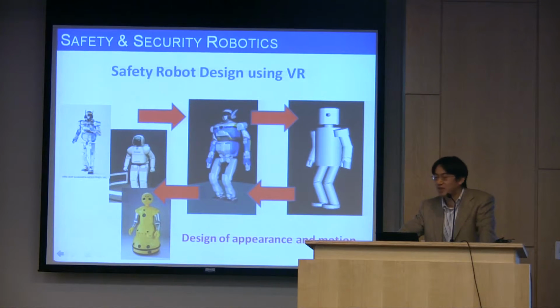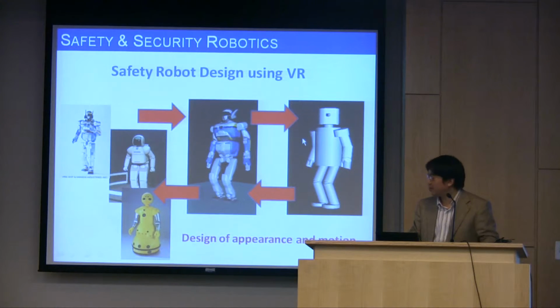It's difficult to develop a new humanoid robot. It costs much money. But using virtual reality, we can easily change its appearance and motion. Then we can evaluate the suitable appearance and motion for humans.